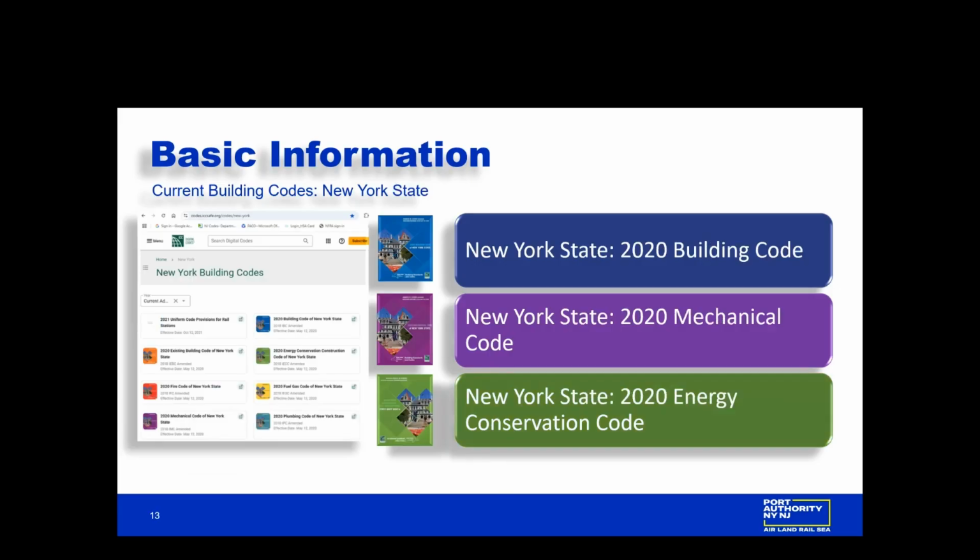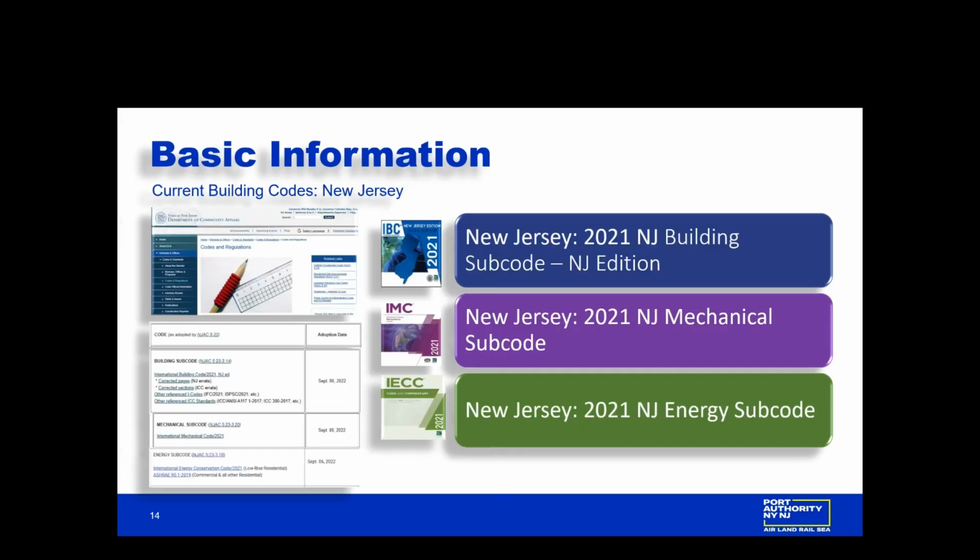Now we have New York State. Similarly, this one they sent is a nice link within the International Code Council website specifically for New York State. And then in there, they have all the adopted codes that have been custom made for New York State. So you can find the building code, mechanical code, and the energy conservation code. Next slide, please. Then for New Jersey, they have their Department of Consumer Affairs.